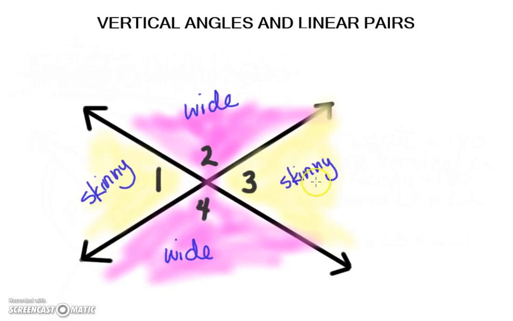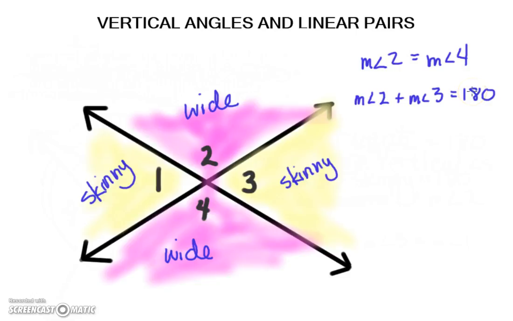Now when I'm looking at this picture, I have both concepts that have been discussed in this brief video going on at the same time. So there are several equations I can write. One of them is the measure of angle 2 equals the measure of angle 4. Another equation is going to be the measure of angle 2 plus the measure of angle 3 equals 180 degrees.